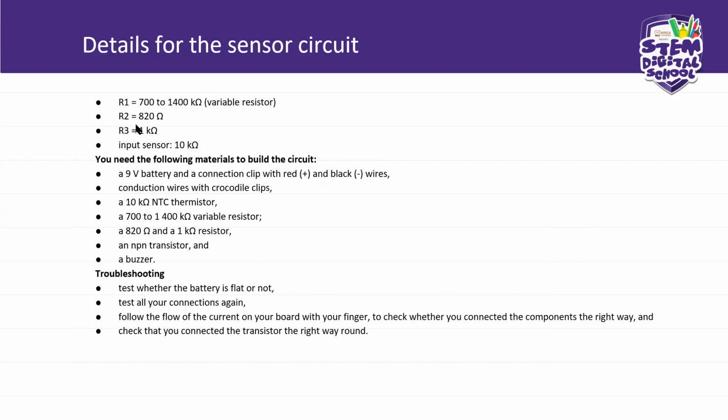Right. The input sensor, remember the sensor is a resistor too. Sensors are also resistors, ne? The input sensor, be it a thermistor or an LDR, the light dependent resistor, its value must be 10 kilo ohm.